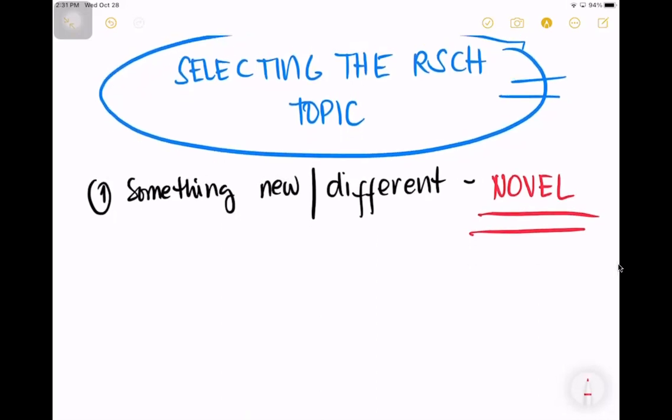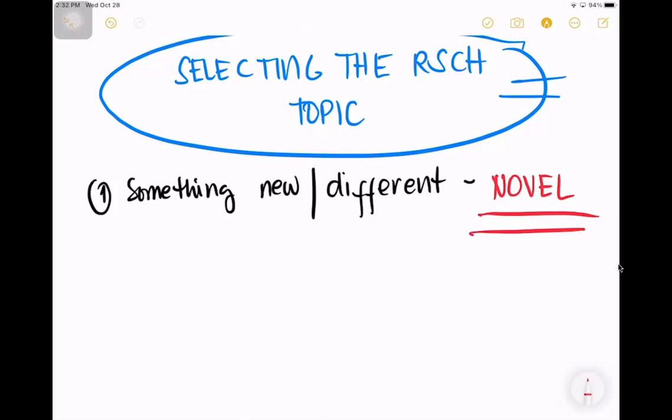But when we speak about novelty, it should not be something completely different, or something so new that nobody knows what it is. Novelty could be a different perspective on an old concept.